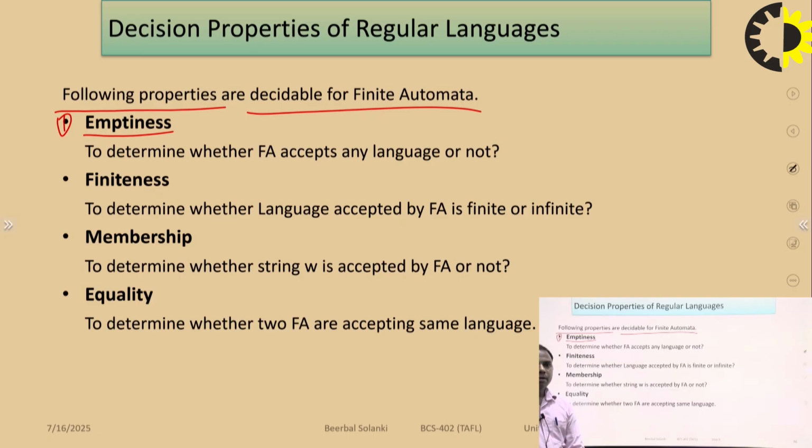Suppose any finite automaton, whether it accepts or not can be determined. The next property is finiteness. Finiteness means to determine whether the language accepted by the finite automaton is finite or infinite. Next property is membership.